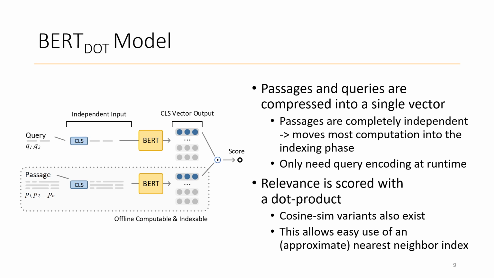The relevance is then scored with a dot product between the two CLS vectors, although there are also variants where we use cosine similarities, for example.